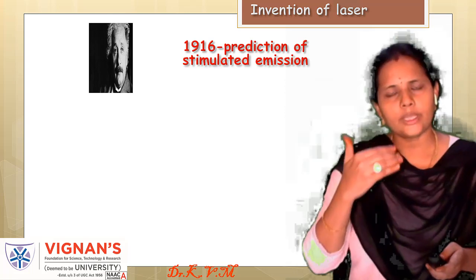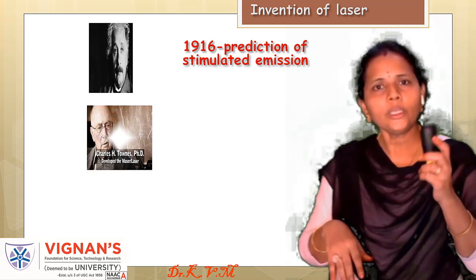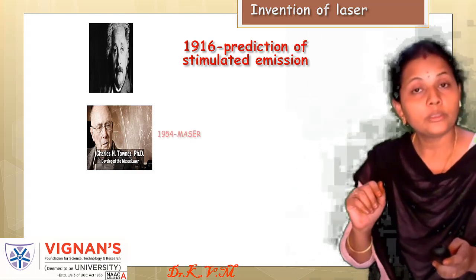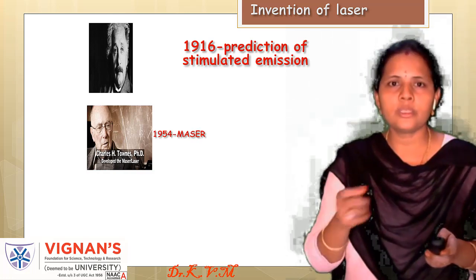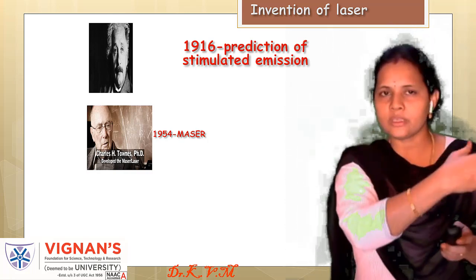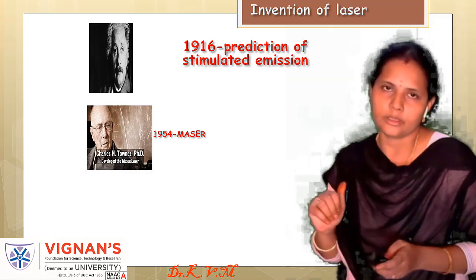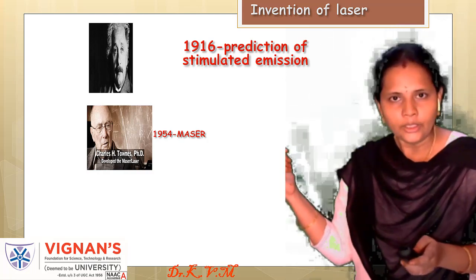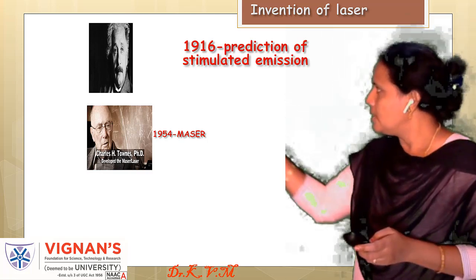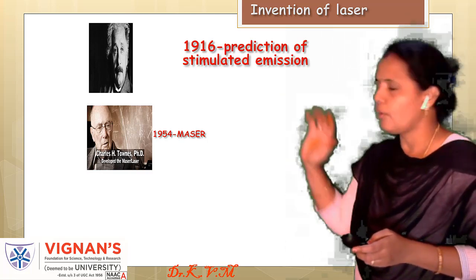With this theoretical basis, in 1954, C.H. Townes and group developed the maser. This is the practical realization of the theoretical basis given by Einstein. Maser is nothing but microwave amplification by stimulated emission of radiation.